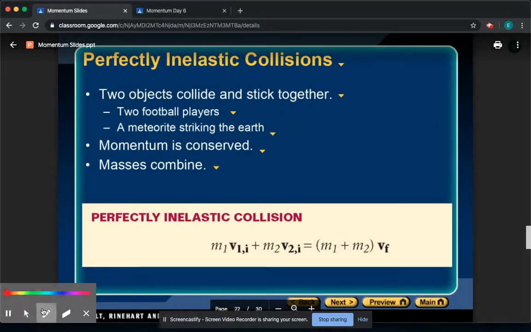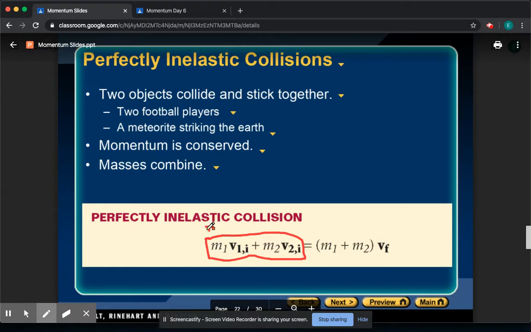So this piece right here is your initial momentum. This is your momentum in the beginning before they collide. You take the mass of the first object times its velocity, and then the mass of the second object times its velocity. This will give you the initial momentum.